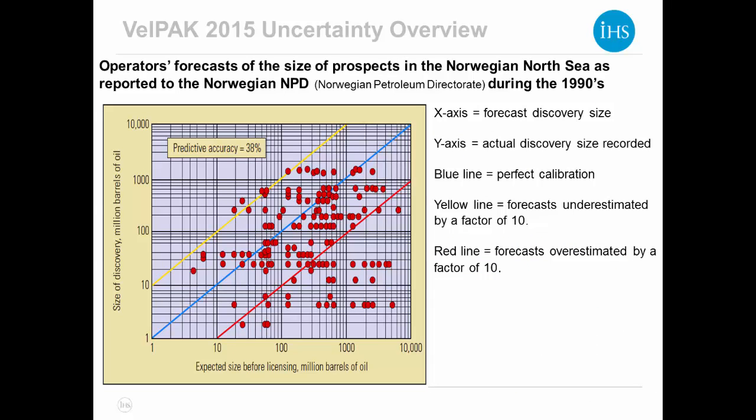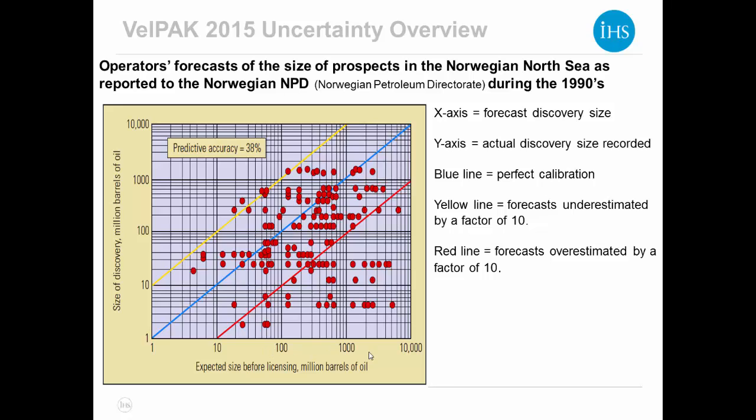A look at this graph, albeit somewhat old from the 1990s from the Norwegian North Sea, displays forecast recovery size on the x-axis versus actual discovery size on the y-axis. The vast majority of forecasts fall well below the central blue line, meaning expected discovery size is sometimes vastly greater than the actual discovery size.